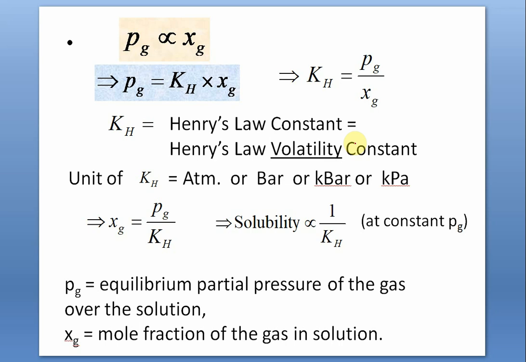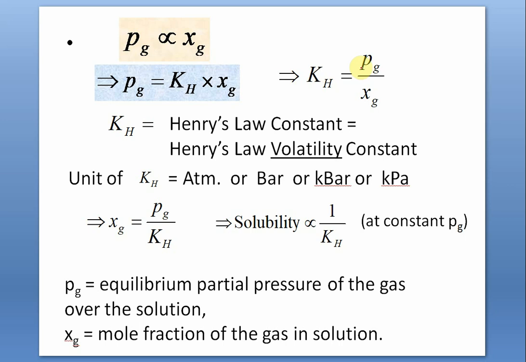So solubility and Henry's law constant are inversely related at a particular pressure. Hold on, I will explain to you. So this Kh is a constant for a particular gas, and that is fixed for a particular temperature.